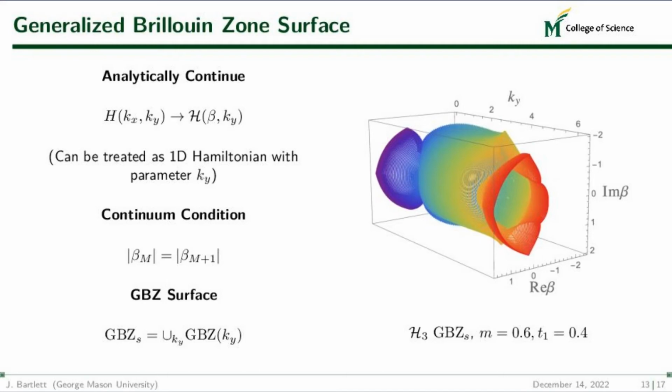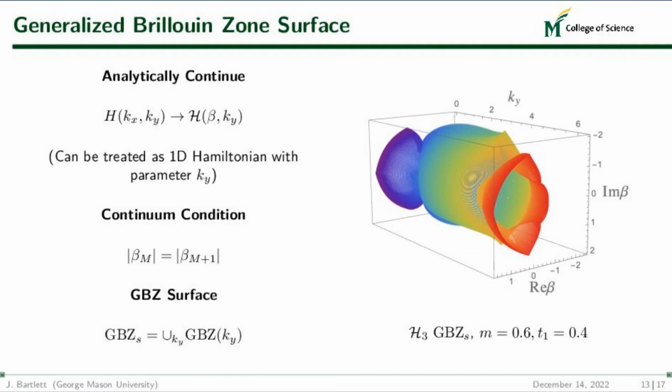So for our system, since it's a 2D system, we need to adapt this 1D framework. Since we're looking at the slab geometry, we have an infinite y direction and finite in the x direction. So we only actually need to replace kx with beta, and we can keep ky as ky.